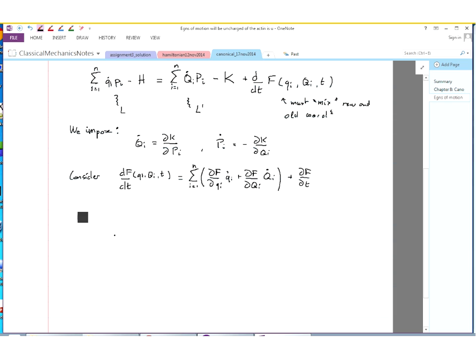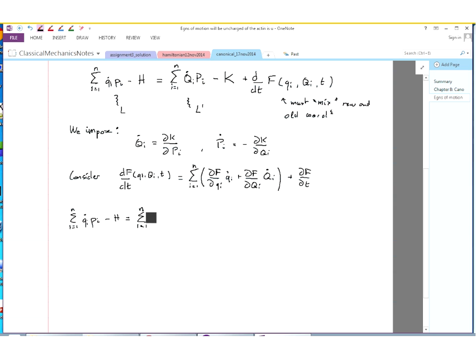So we're going to put that into the equation that we have above. On the left-hand side, it's unchanged. So I have the sum from i equals 1 to n of little qi dot little pi minus h.